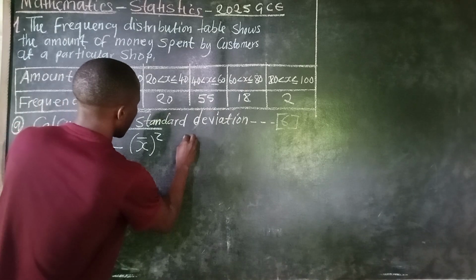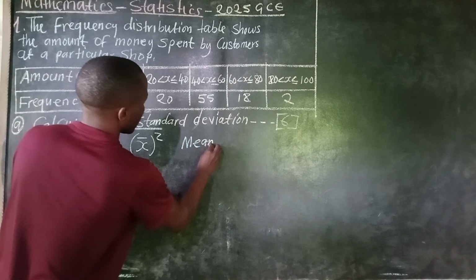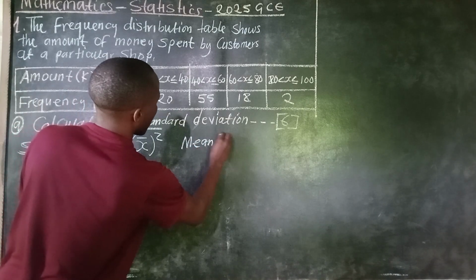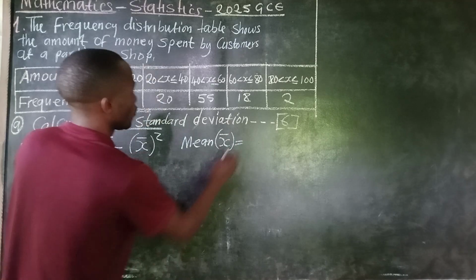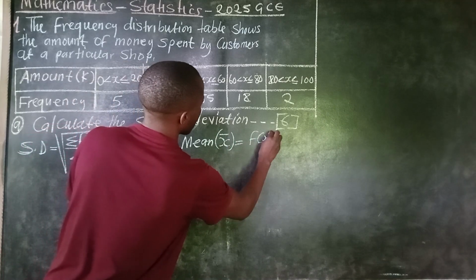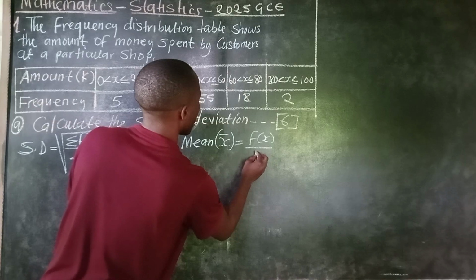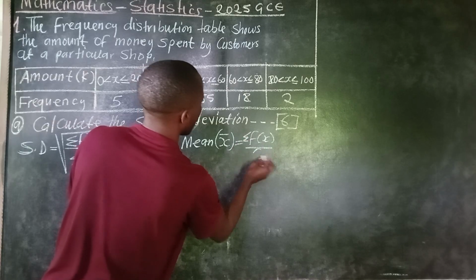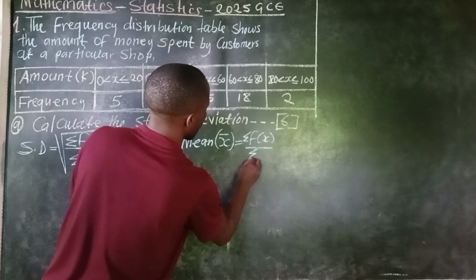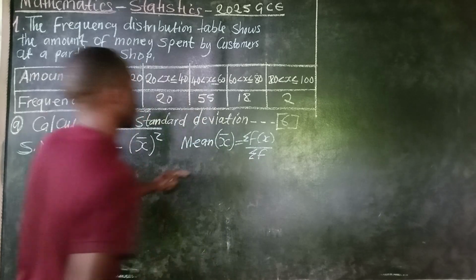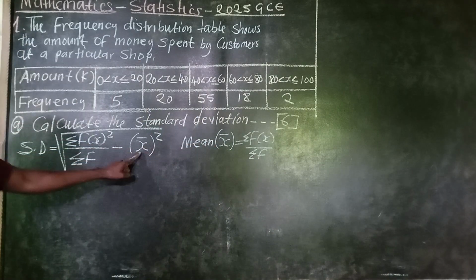So mean, which is represented by x bar, is equal to summation f of x over summation f. Okay, so that is the formula for mean, which is x bar here.